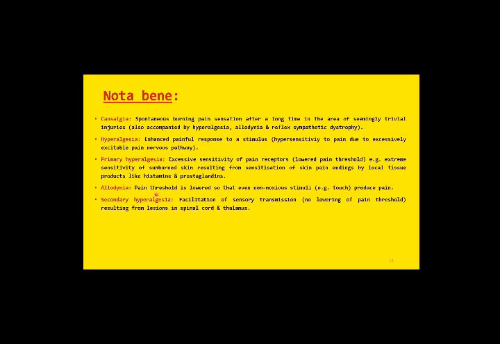Sometimes there is hypersensitivity to pain, but there is no lowering of the pain threshold. And this is known as secondary hyperalgesia. Secondary hyperalgesia results from any lesion in the spinal cord or thalamus. This causes facilitation of sensory transmission.